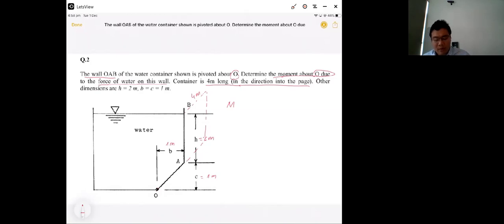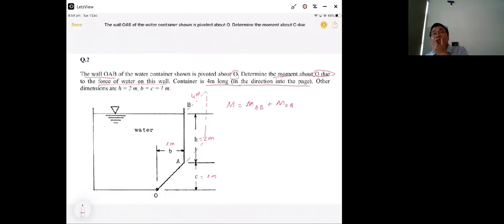First one, you can assume OAB is one wall. And second one, you can divide it into two walls, OA and AB. Okay, and you have the force applied to OA and the force applied to AB. And the moment will be equal to the moment by the force applied to AB plus the moment on OA.